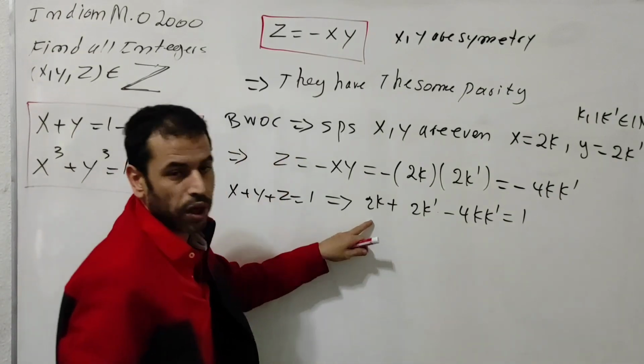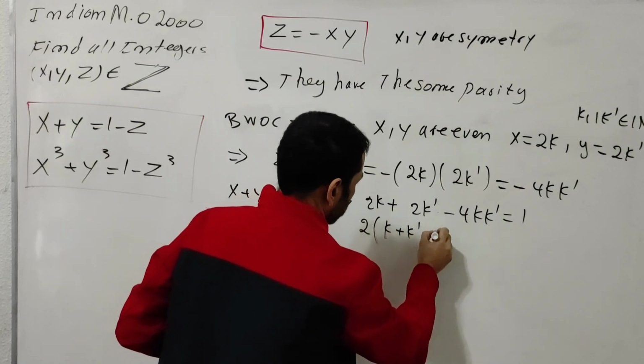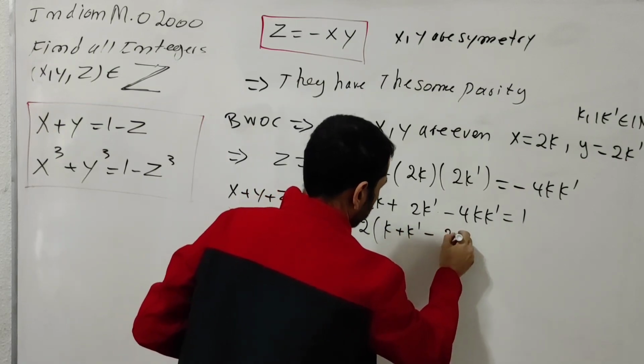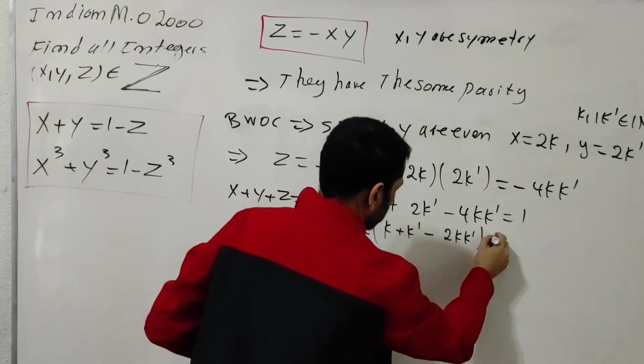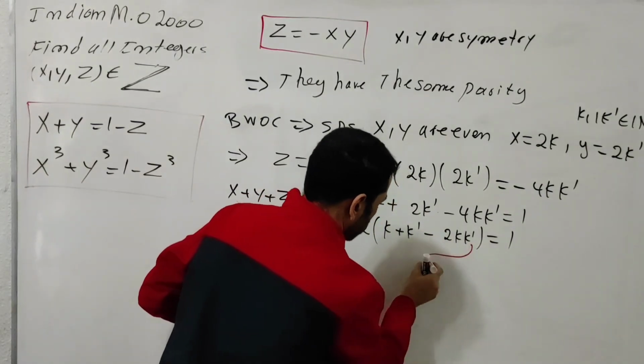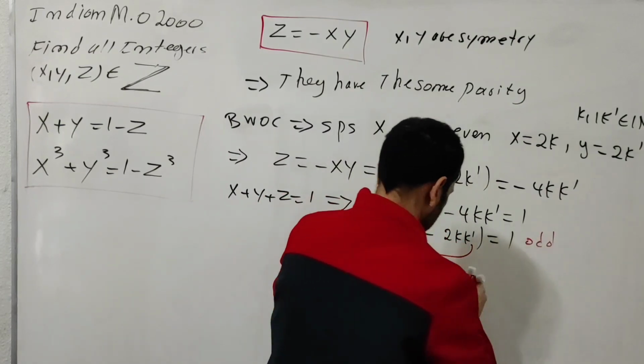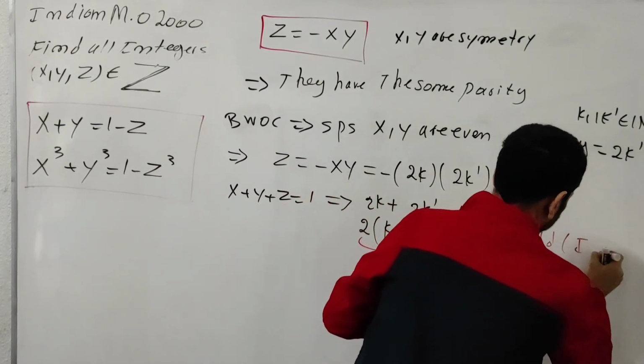I'm going to take 2 as a common factor. We'll have 2 times k plus k prime minus 2k k prime equals 1. As we know, this is even and this is odd, which is impossible.